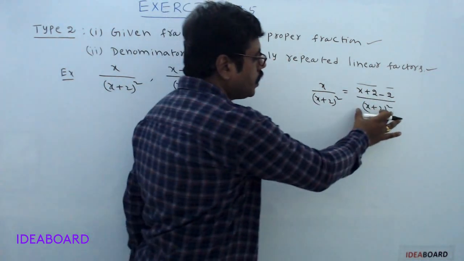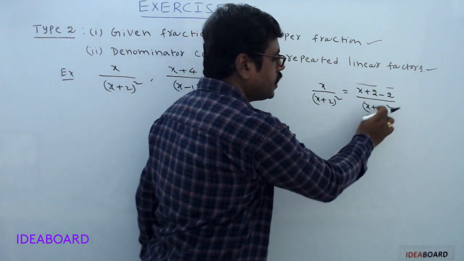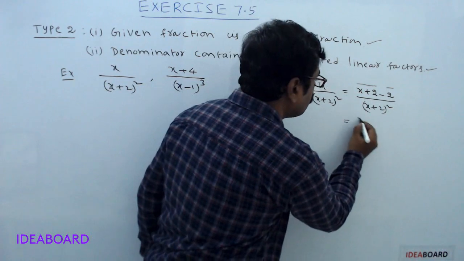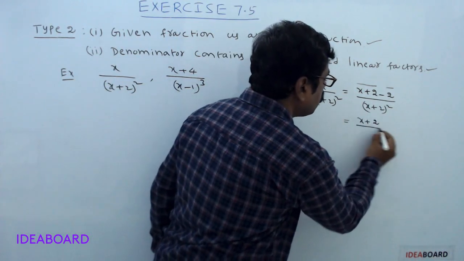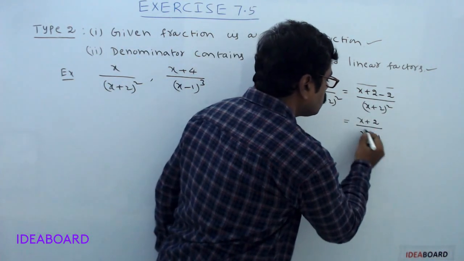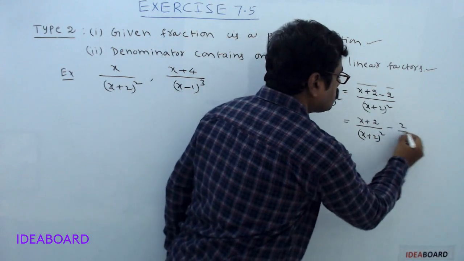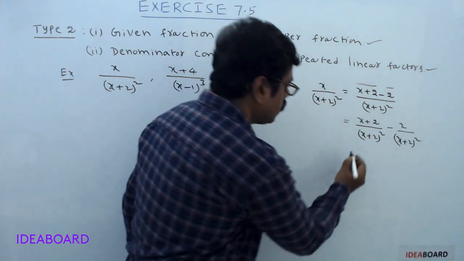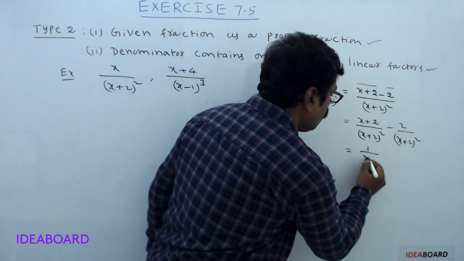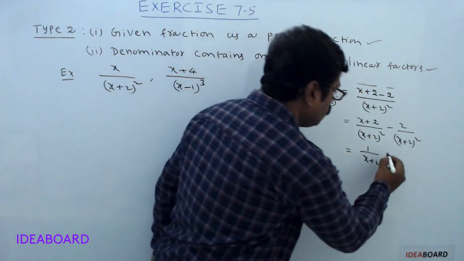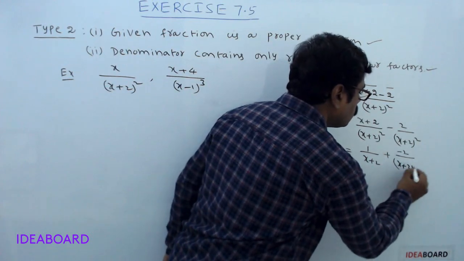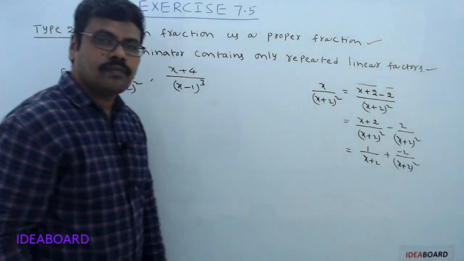It can be taken as a divided by c minus b divided by c. So this is equal to (x plus 2) divided by (x plus 2) whole square minus 2 divided by (x plus 2) whole square. Now this is equal to 1 divided by (x plus 2) minus 2 divided by (x plus 2) whole square.